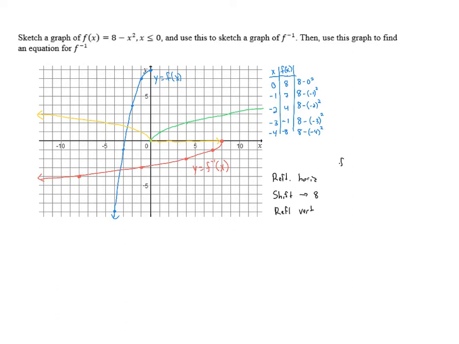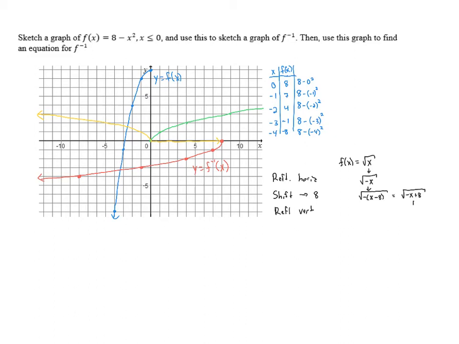So if we take the function f of x equals the square root of x, which we've seen before, if we reflect horizontally, that requires replacing x with the opposite of x. If we shift to the right 8 units, this requires replacing x with x minus 8. And if we distribute that negative on the inside, it's going to be the square root of the opposite of x plus 8.